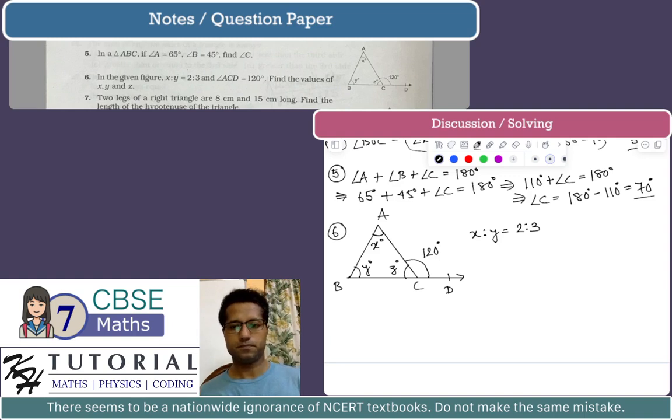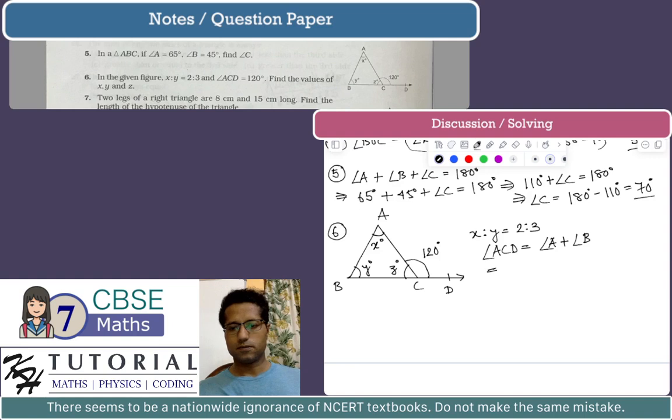So first of all, we see that angle ACD is equal to angle A plus angle B. Why? Angle ACD is the exterior angle, and angle A and angle B are the two interior opposite angles.